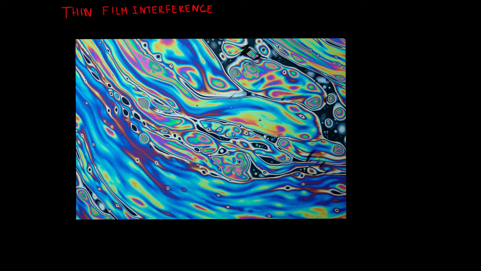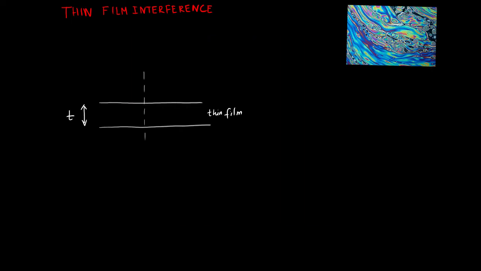To see how thin film interference happens, let's consider a smooth, uniform, thin, flat film of, let's say, gasoline with the thickness of T. When the light shines on the upper surface of the thin film, it will partly reflect and partly transmit through the upper surface, and partly reflect again from the lower surface.